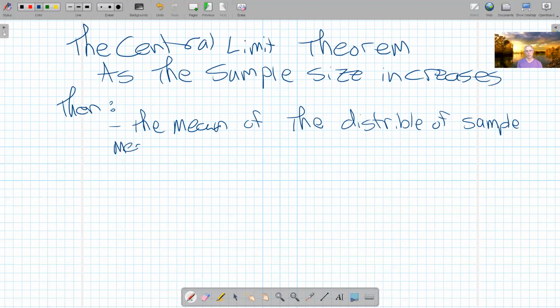So I go out and take a ton of different samples, calculate the mean of each, and then graph all those sample means. Maybe I did 100 samples, all of size 35, and I graphed those 100 averages. What would the histogram look like? Oh my gosh, I screwed that up. I was supposed to say distribution.